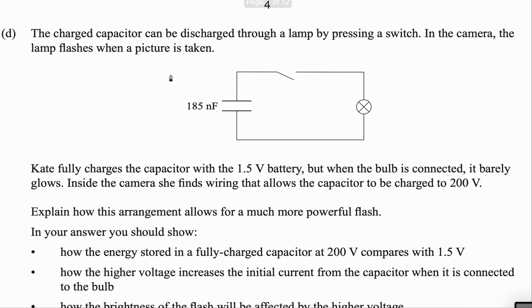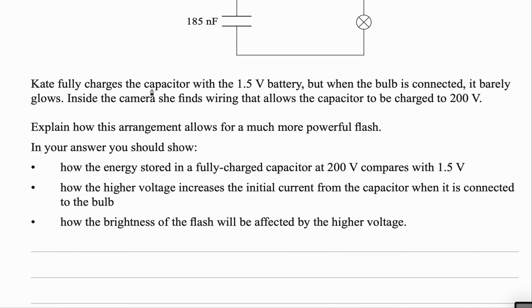Cool. Question D. The charged capacitor can be discharged through a lamp by pressing a switch. In the camera, the lamp flashes when a picture is taken. Kate fully charges the capacitor with the 1.5 volt battery, but when the bulb is connected, it barely glows. Inside the camera, she finds wiring that allows the capacitor to be charged at 200 volts. Explain how this arrangement allows for a much more powerful flash.